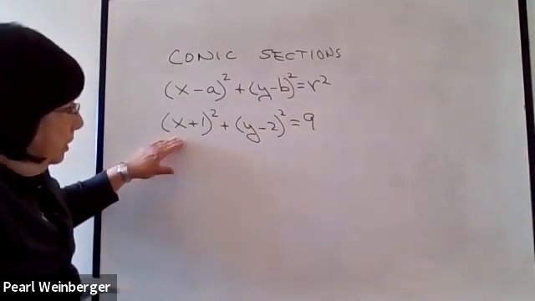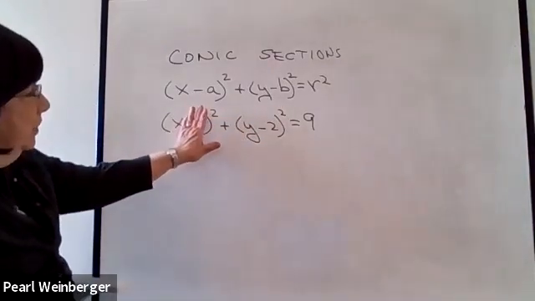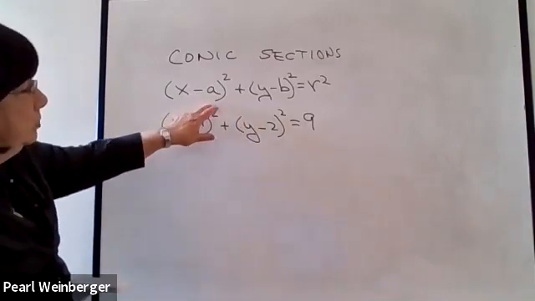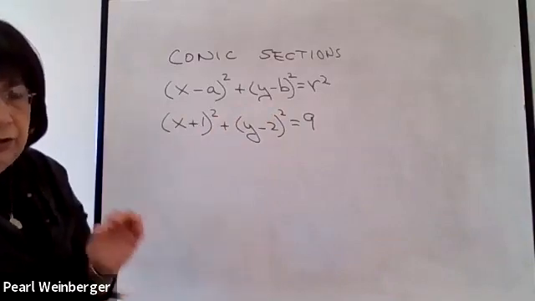Now I know it's a quadratic equation. I see those squares. And on top of that, if I ignore the numbers inside the parentheses, basically what I have is an x squared plus a y squared. I know it has to be a circle.